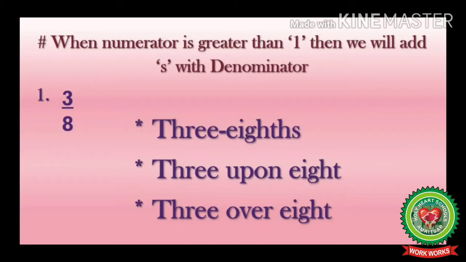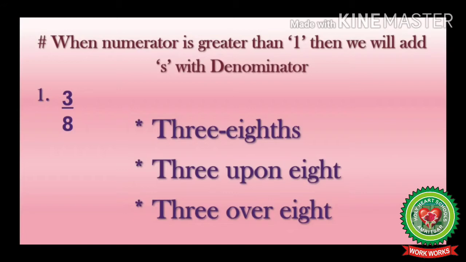Children, the second thing you have to remember is that when the numerator is greater than 1, that means when the numerator is not 1, then we will add s with the denominator. Now it is the opposite of the first example. You have to add s when the numerator is not 1.